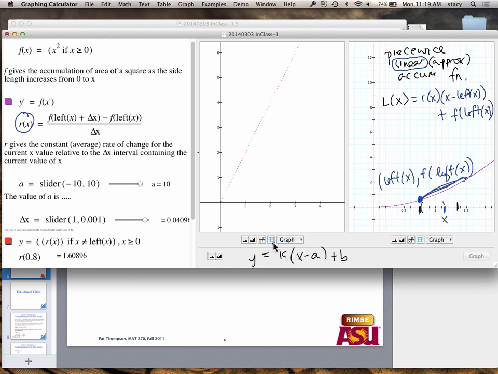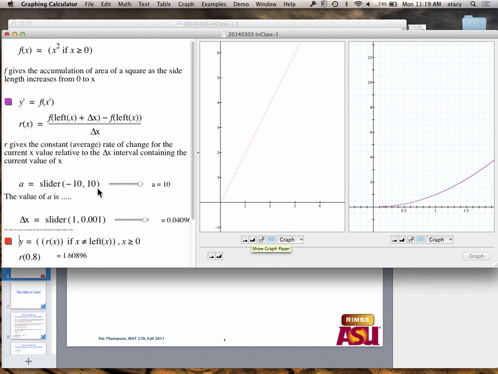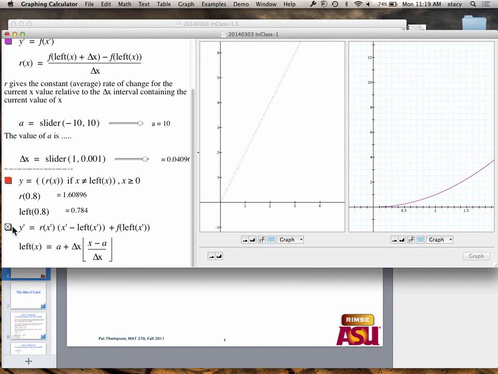So let me erase what I've just written and show you. Here is my rate of change times change in x added to the starting value within each interval. Delta x is really small right now. This red graph on the right-hand picture is my piecewise linear function, and because of the way we defined it using general terms, R and left of x, that's all we have to write.